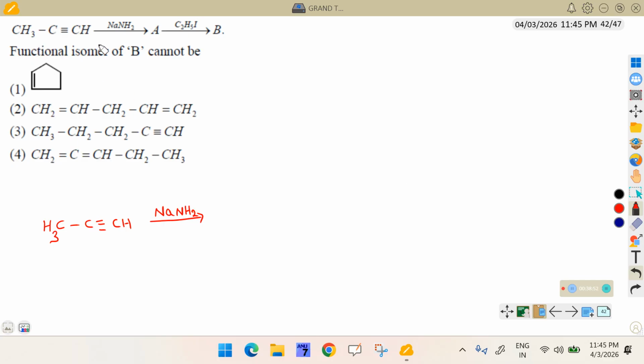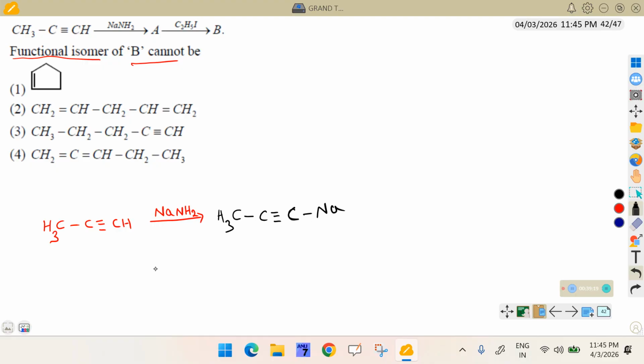Alkyne reacts with NaNH2 gives A, which further reacts with C2H5I gives B. Functional isomer of B cannot be. Yes, due to the presence of acidic hydrogen, alkynes react with NaNH2 and it gives CH3C triple bond C Na.